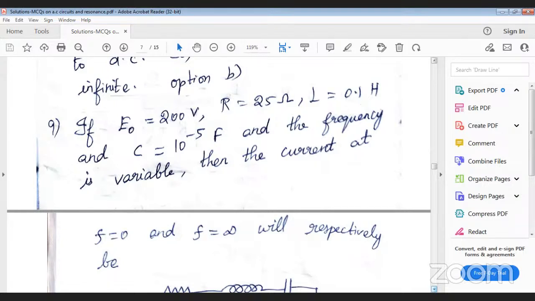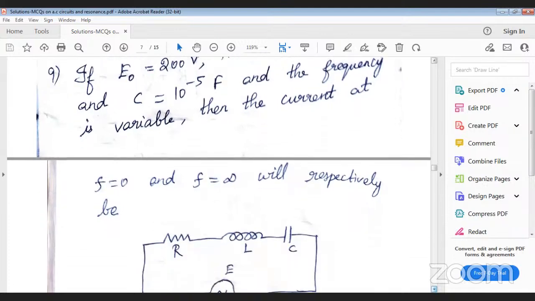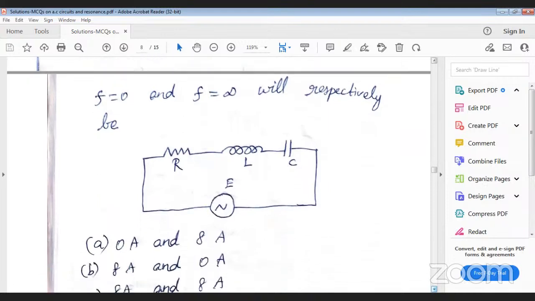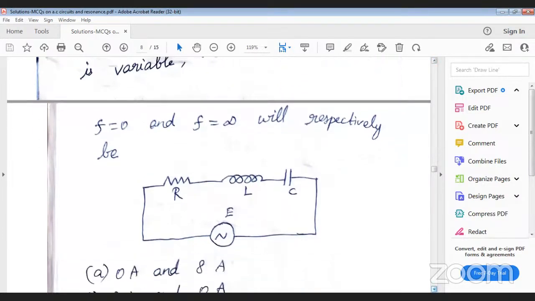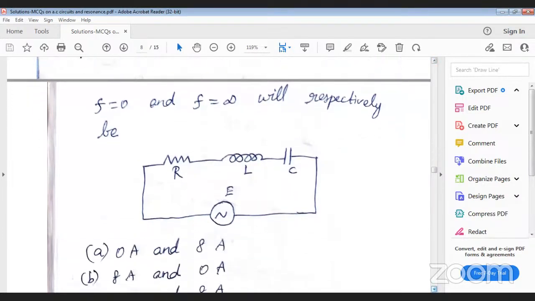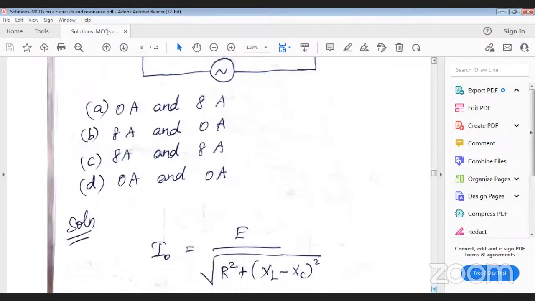It is an LCR circuit, you can see from the diagram RLC. You need to find the current at frequency f equal to 0 and f equal to infinity. How can you find the value of current?